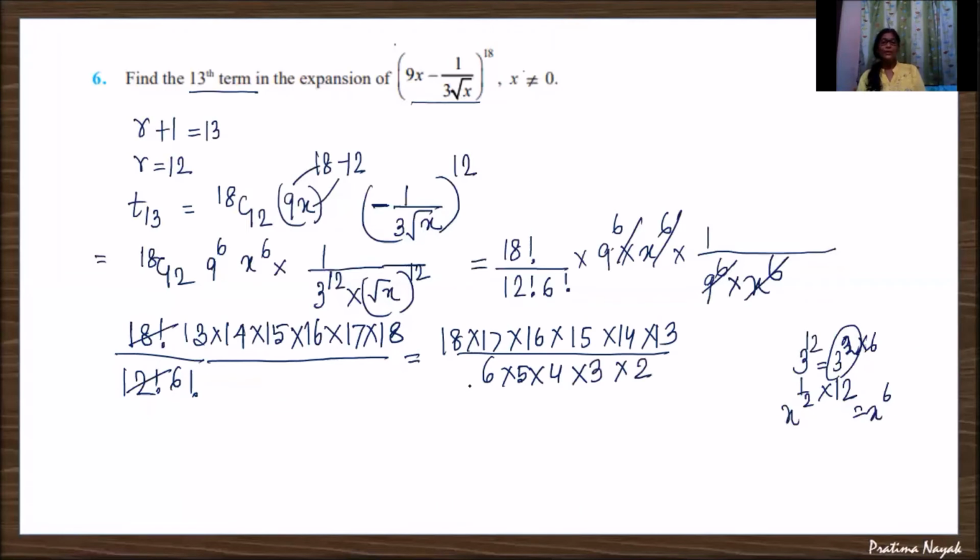So you will cancel 6 and 3 with 18, 5 with 15, and 4 and 2 is equal to 2. So you are getting 34 into 42 multiplied by 30. You will multiply and get a very big number, 18564.